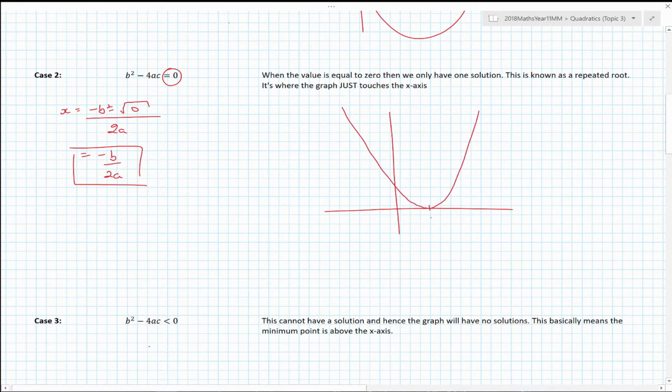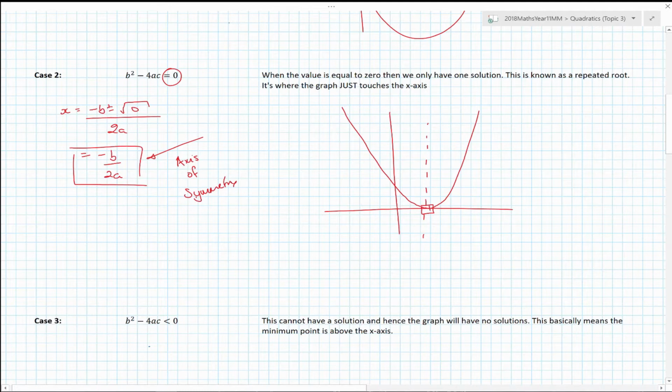So there is my one solution. That is my crossing point. And the value could be found as minus b all over 2a. And we remembered that we could also use that information to find the axis of symmetry, which we can use to help us find turning points and what have you.